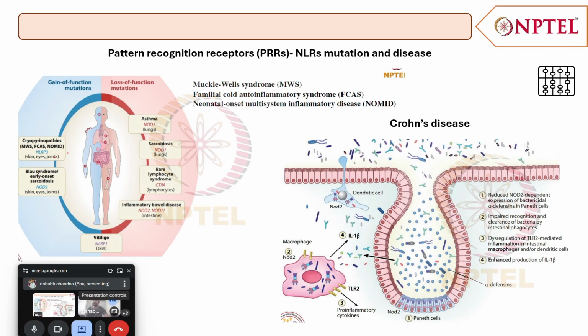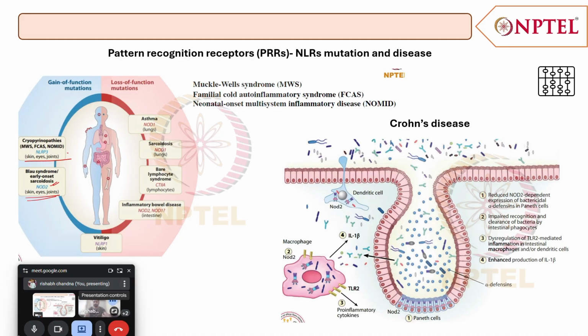That means they have issues with the skin, eyes, and joints. Okay, then we have mutation in NOD2 that causes Blau syndrome or early onset sarcoidosis. That also is a disease of the skin, eye, and joints.